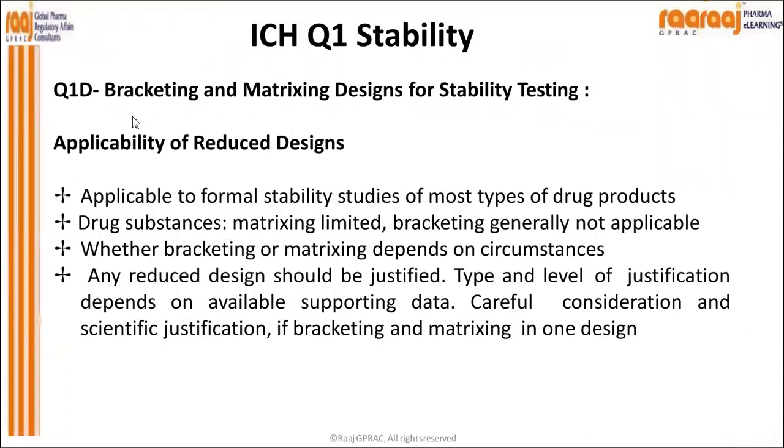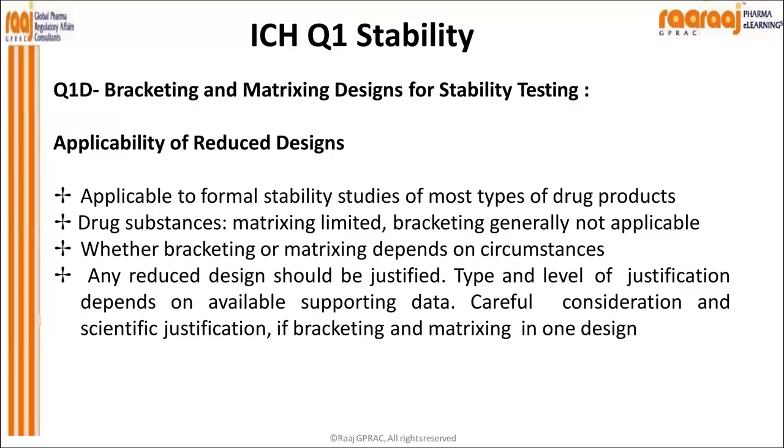Then Q1D, we have covered Q1C. Q1D talks about the bracketing and matrixing designs for stability testing. Correct? So when the number of samples is increasing because we have to manufacture 3 batches, pack into 3 different packs, keep into different storage conditions like temperature, humidity.